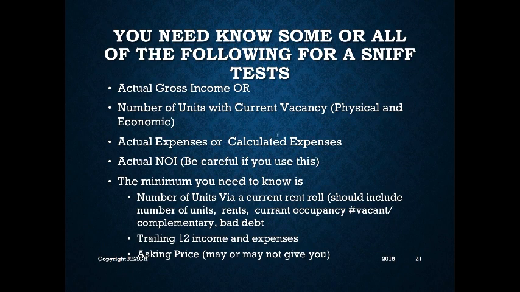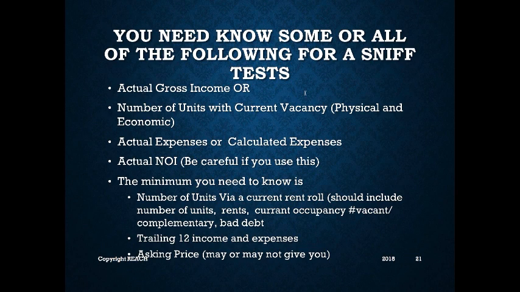When you are looking at properties, this is what you need, some or all of this. You don't need everything. So what you want to look at is the actual gross income or the number of units with a current vacancy.